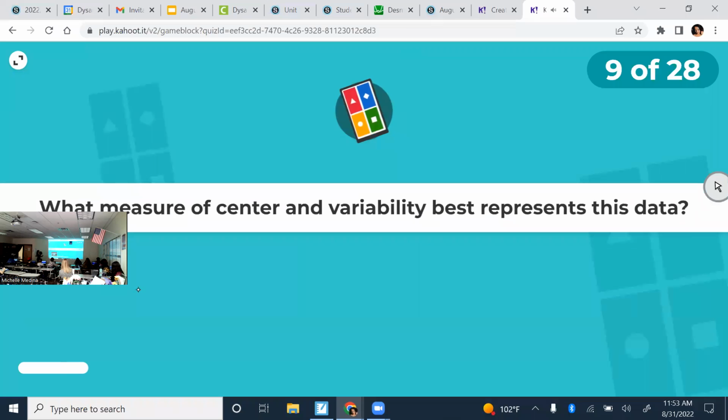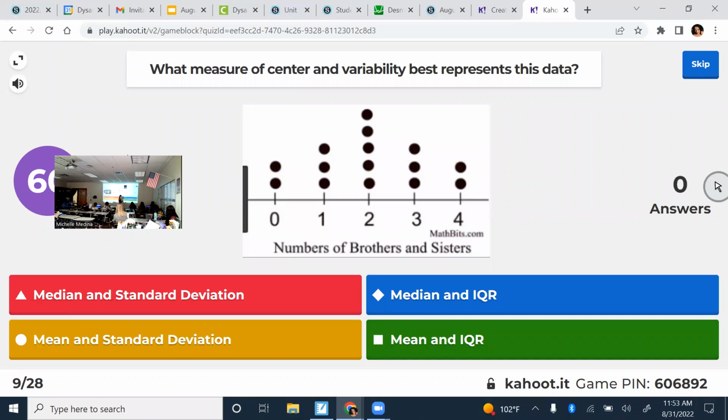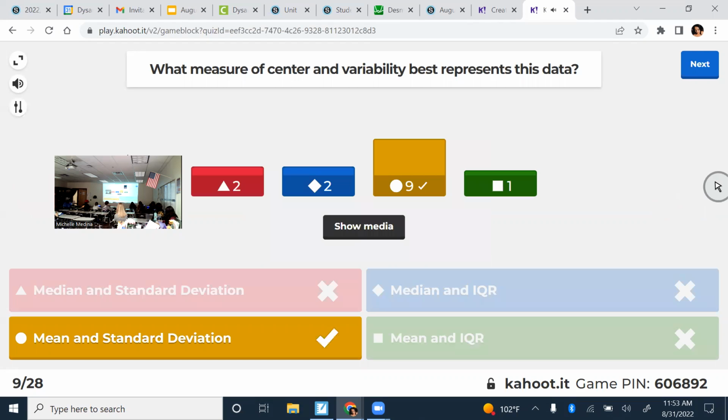So what measure of center and variability best represents this data? Good job.